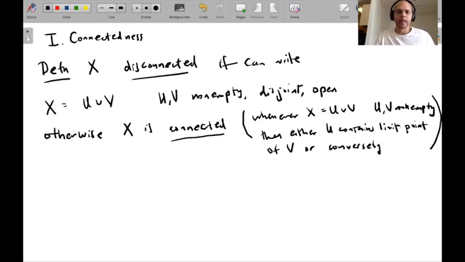This is an equivalent definition of what it means to be connected. To see why, you just have to think about the subset trichotomy. If a set is not open, then its complement is not closed, and so the set contains a limit point of its complement. Okay, fine. So let's see some examples.